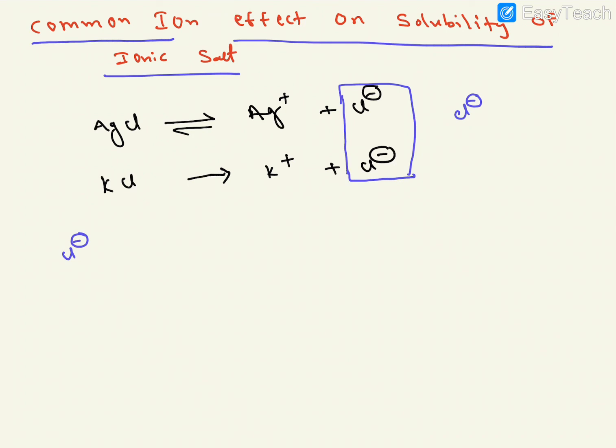So here the Cl minus concentration increases. According to Le Chatelier's principle, the equilibrium will be shifted in the backward direction.